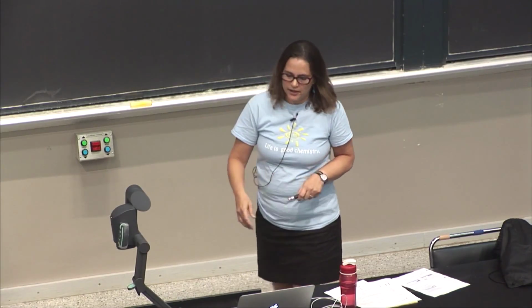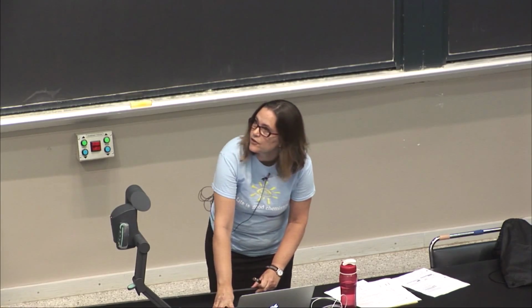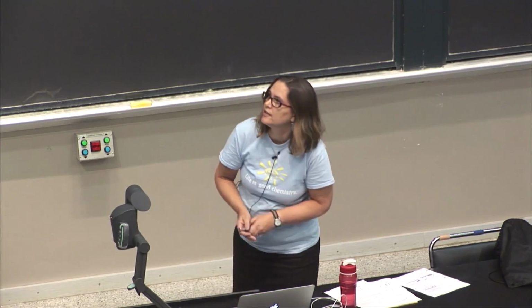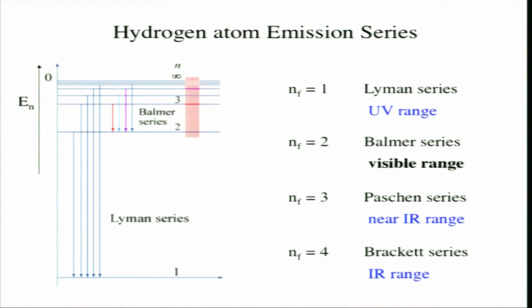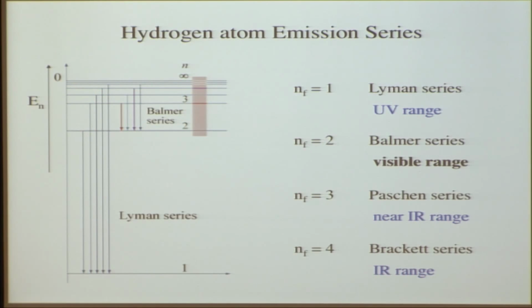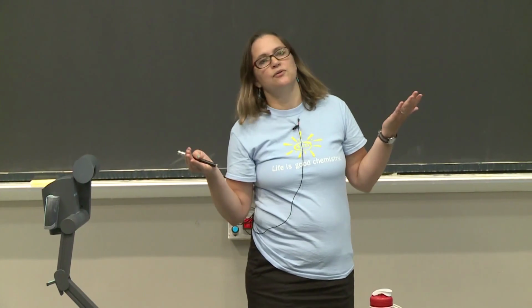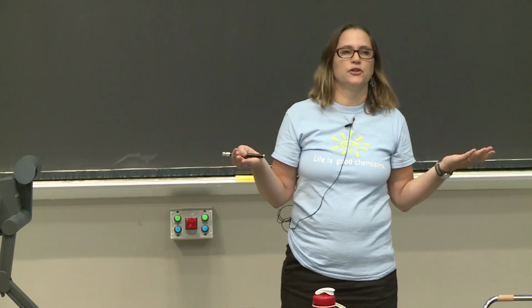All right, so then we can go on and look at the other things that can happen here. We can have n final of 3. You don't need to know the names of these series, but that would be near IR. n equals 4 would be in the IR range. So only some of what's happening is actually visible to us.